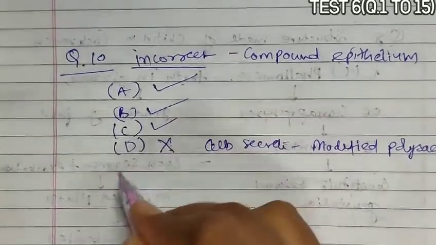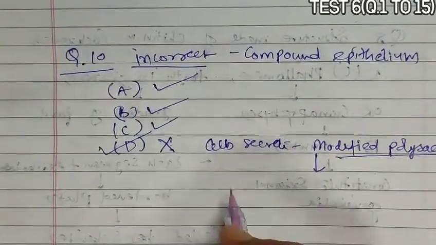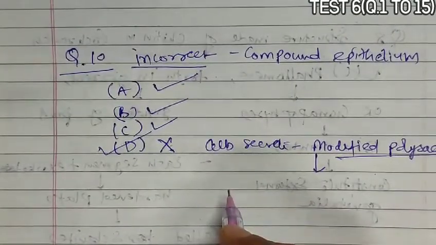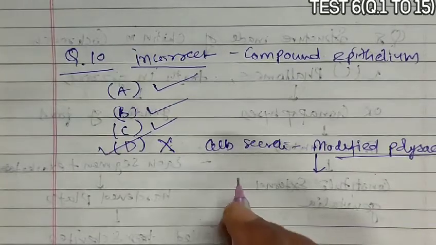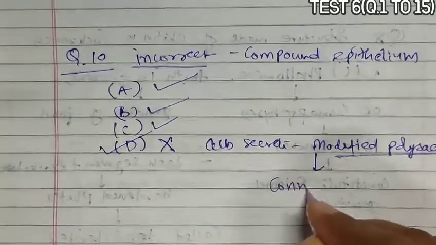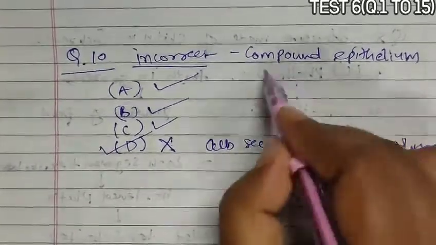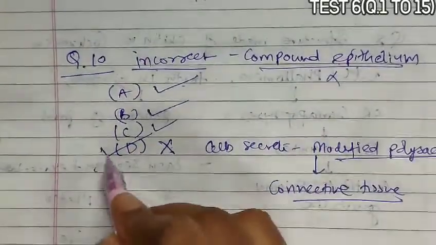So it is an incorrect statement. So D is the correct answer, because this modified polysaccharides are particularly secreted by a connective tissue, not by a compound epithelium. So D is the correct answer.